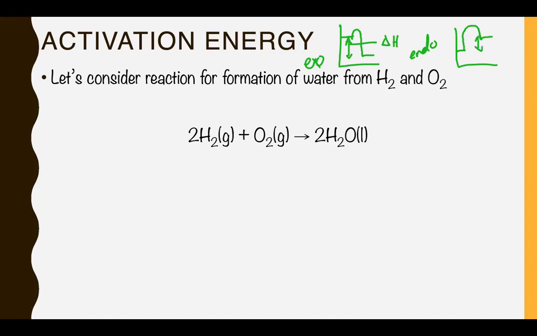Again, delta H. Sorry, that's so tiny. Maybe it's not as tiny as your screen is on my iPad. Anyway, so the difference between, let's do blue, your reactants and the peak of that's your activation energy. And I always use the analogy of pushing a ball up the hill.